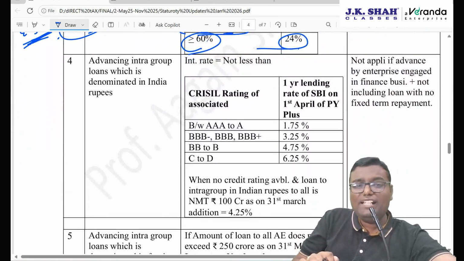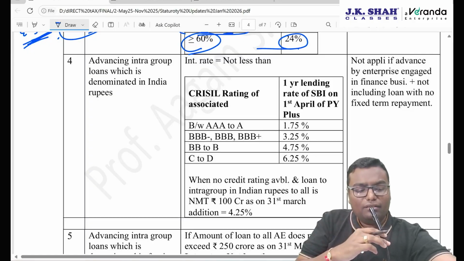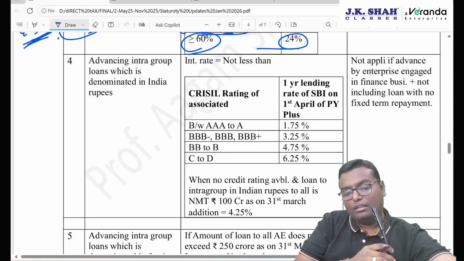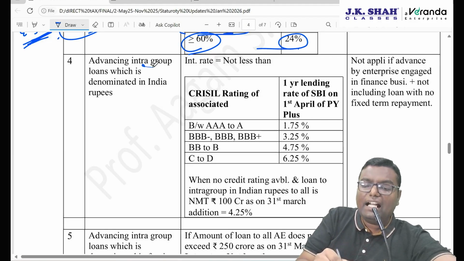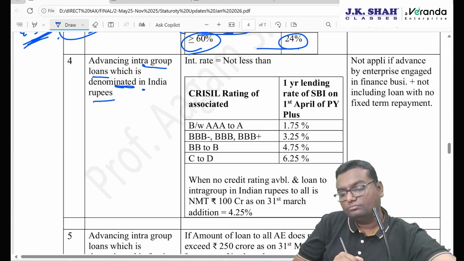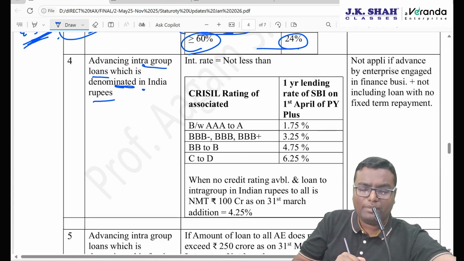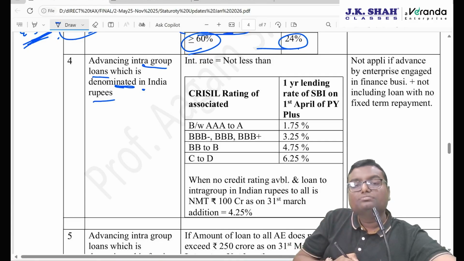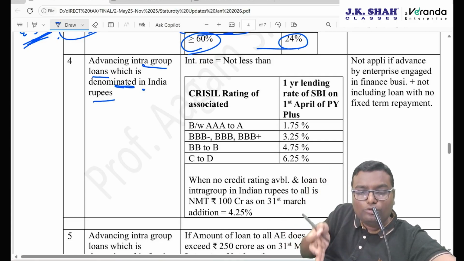Fourth one, which is very common. And by giving this in safe harbor rules, majority of litigations are reduced. Advancing intra-group loan, which is denominated in Indian rupees. You are an Indian enterprise. You are giving a loan to associated enterprises. Then how much minimum interest should you charge?